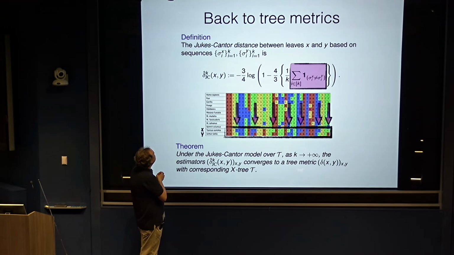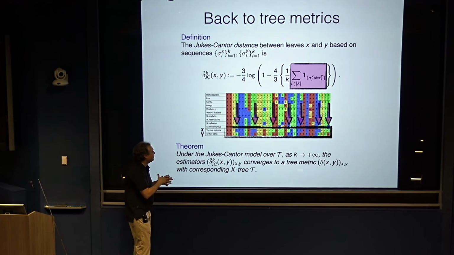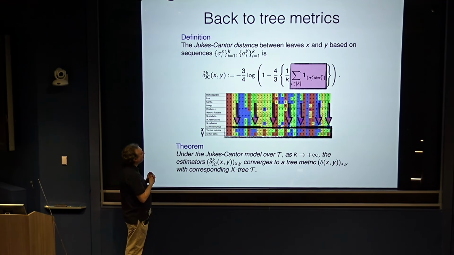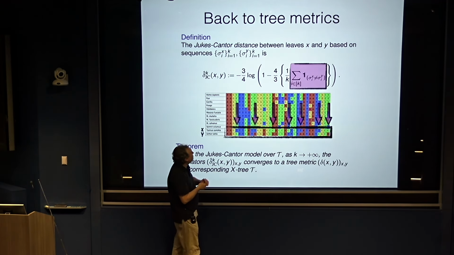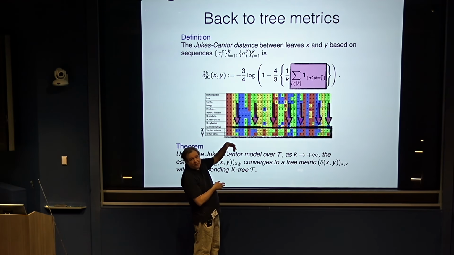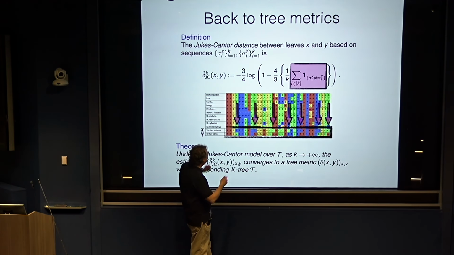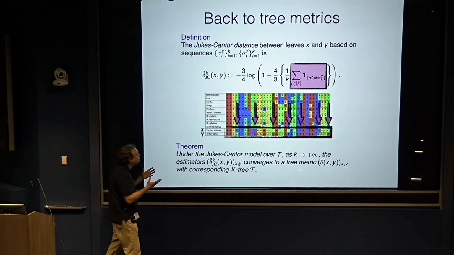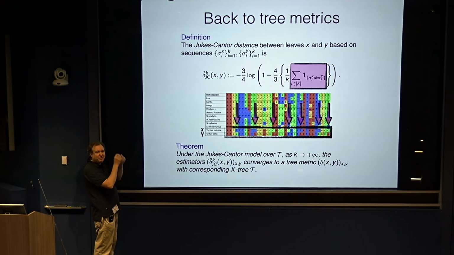From this, what you can show is that, okay, so here comes the theory. If I have a table like this with infinitely many columns, by my assumptions, this thing is going to converge to the true distance between the species. And once I have the true distance, by the example that I showed you before with the four-point condition, I can actually recover the tree out of it.